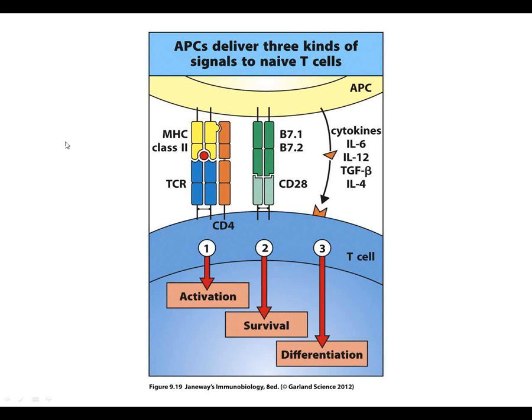So the first one is that the T cell receptor has to recognize and bind to both MHC and the antigen. And then you have your co-receptor, which also binds to the MHC. And this is what we call signal 1.